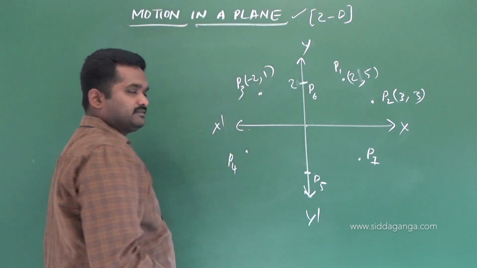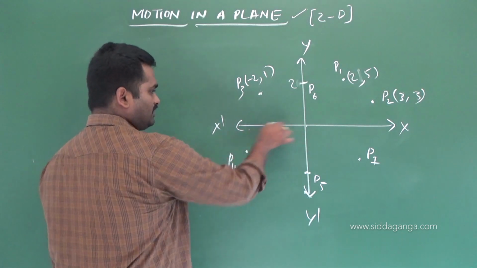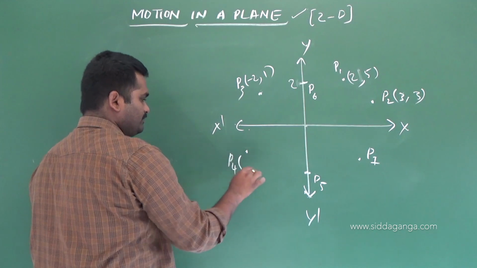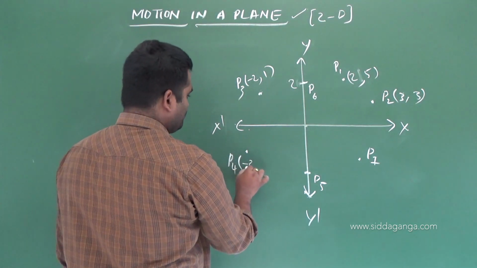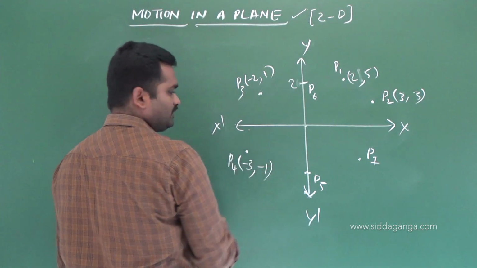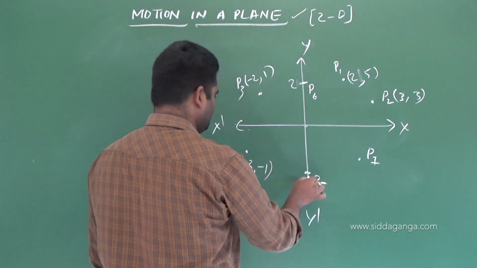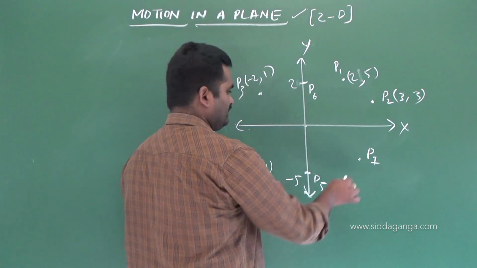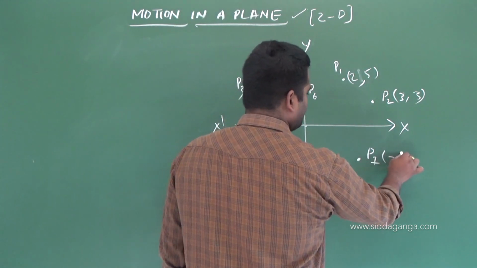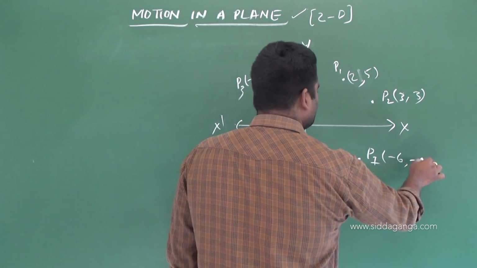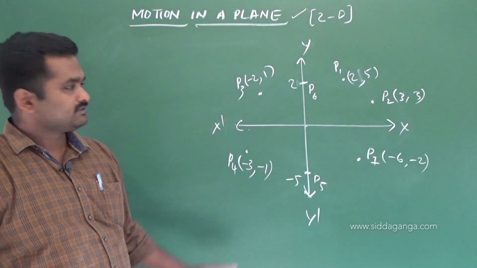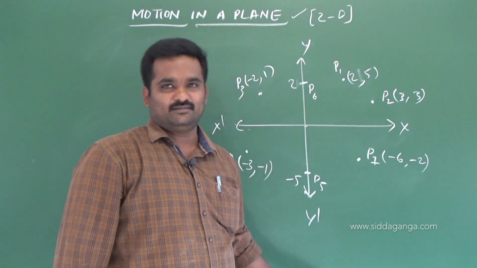Here both are negative values: x is negative as well as y is negative, so P4 I will take as minus 3 comma minus 1. Then something like minus 5 for P5, and P7 is minus 6 comma minus 2. Let it be. So I have given many points here.